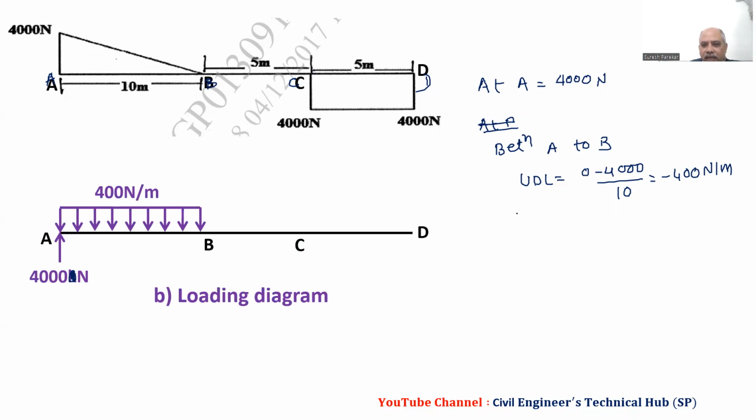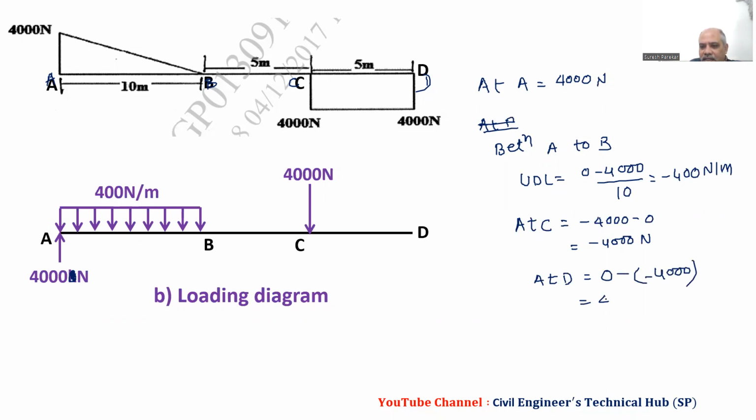B to C, we do not have anything. At C, we have final shear force minus 4000, initial 0, so it will be minus 4000 Newton. Minus shows it is downward. And then at D, final 0 minus of minus initial, so 4000 Newton, upward.